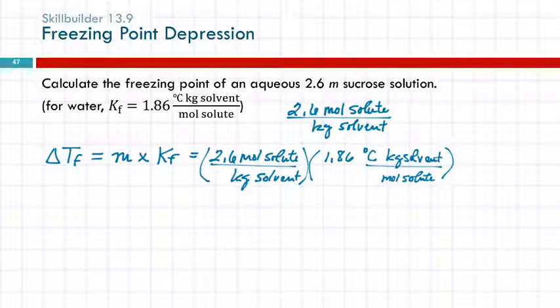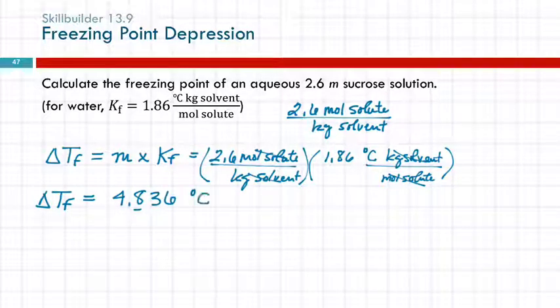And then when we look at the units, moles of solute cancel and kilograms of solvent cancel, and we're left with a temperature. So we got 2.6 times 1.86. So delta Tf, we always want to consider sig figs. 4.8, 2 sig figs in this molality, 3 in the constant, so my answer is going to have 2. Write down 2 extra digits. The unit there is degrees Celsius.